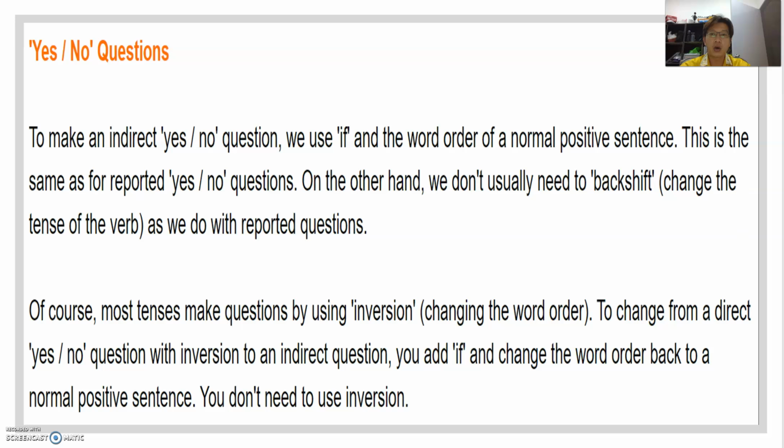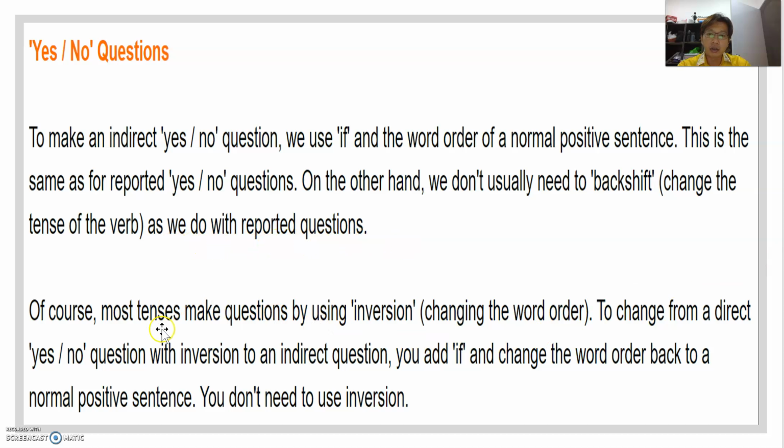Okay, yes or no question. To make an indirect yes or no question, we use if. We use if and the word order of a normal positive sentence. This is the same as for report yes or no questions. On the other hand, we don't usually need to backshift, change the tense of the verb, as we do with report questions.